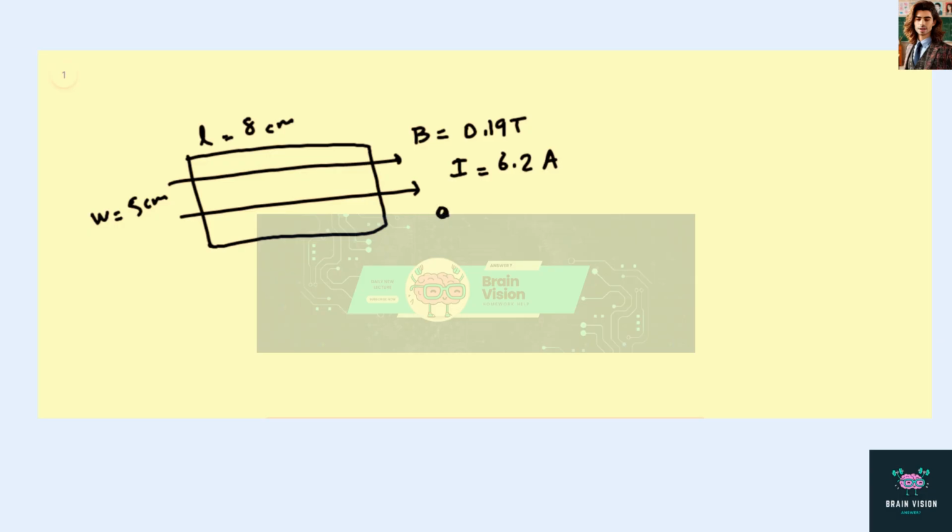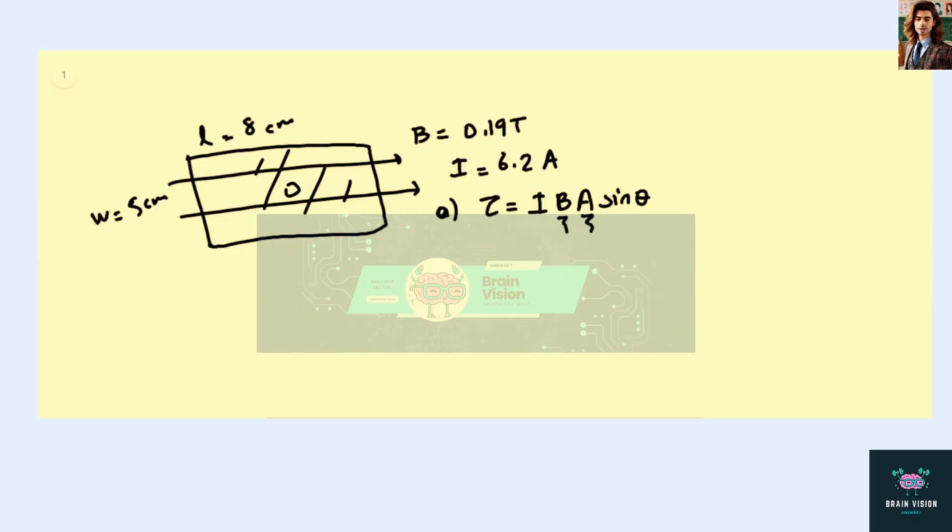Now, in part A, we are asked to calculate the torque generated by this external B field. As you know, our equation is going to be the magnitude of current times the magnitude of the magnetic field times the area of the closed loop times sine of the angle between the normal vector of the area and the magnetic field. As you know, the normal vector is always perpendicular to the plane.